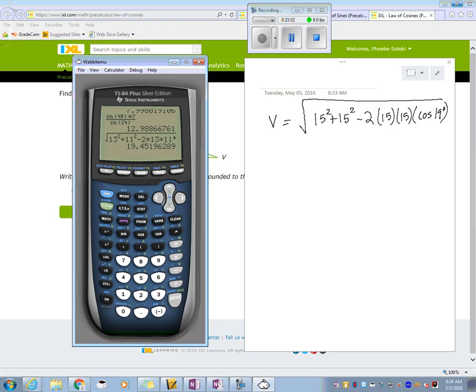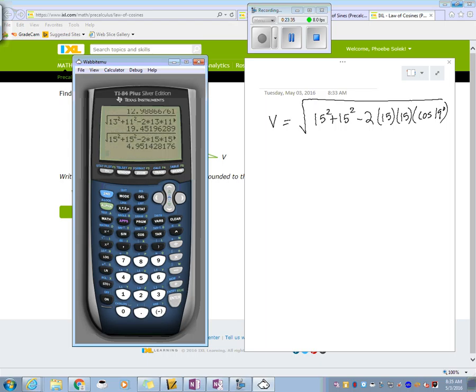So the square root of 15 squared plus 15 squared minus 2 times 15 times 15 times the cosine of 19. And that is going to be 5 if we round it, isn't it?